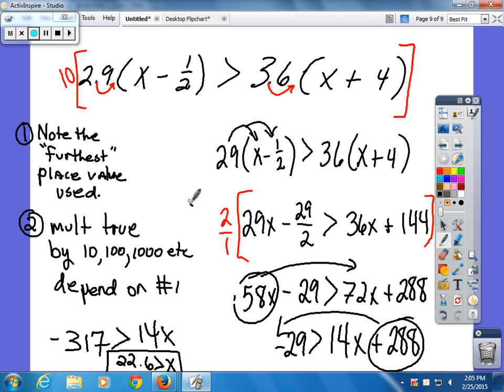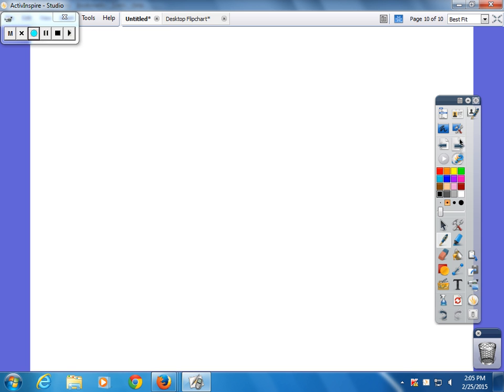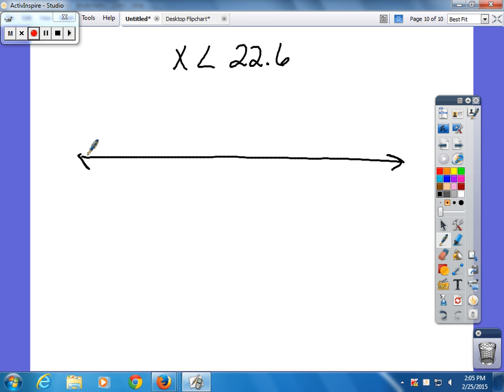X is less than 22.6. Now, if your time is getting you, 0, 23, 23, infinity, negative infinity. What goes on 22.6? Open circle. 22.6 is right in here. Now, when I do an open circle, I usually erase the inside. But I like to tell students it's like a bubble.